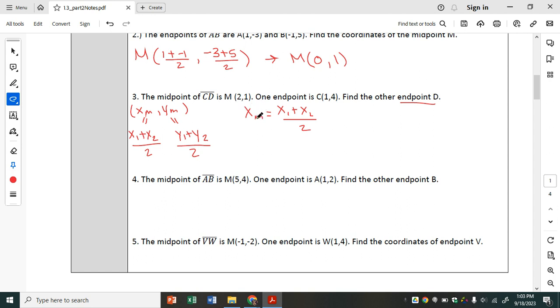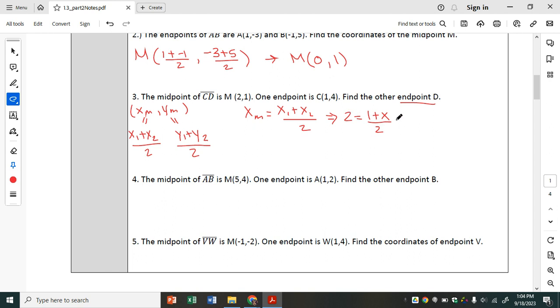So I know that the x value of my midpoint is 2. So I'm going to have 2 equals the x value of one of my endpoints, which is 1, plus the x value of my other endpoint, which I don't know, and then divide it by 2.